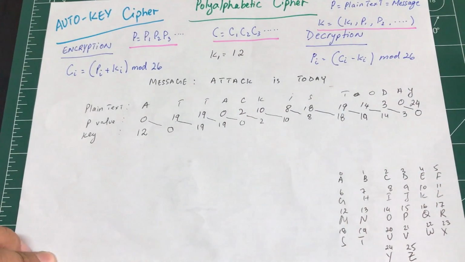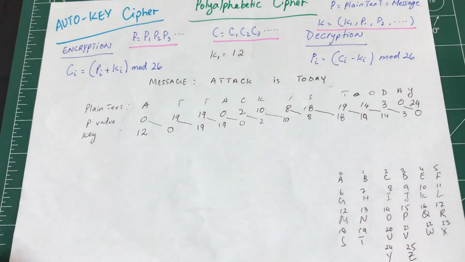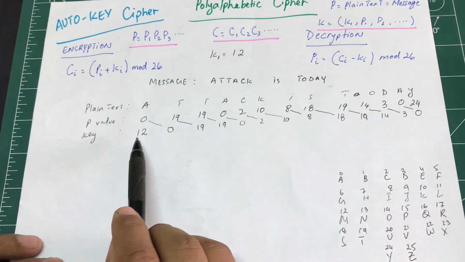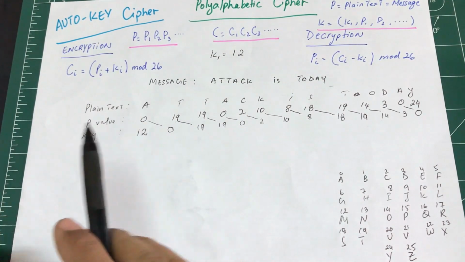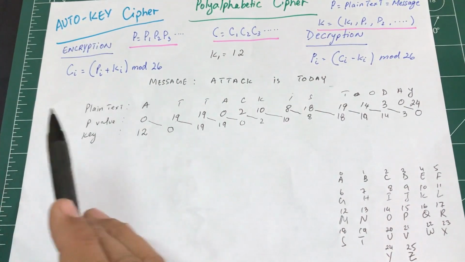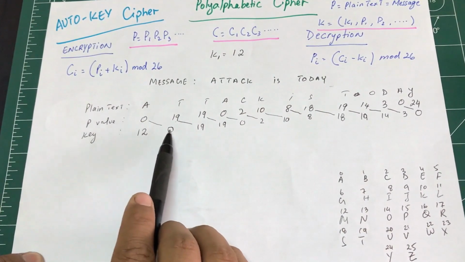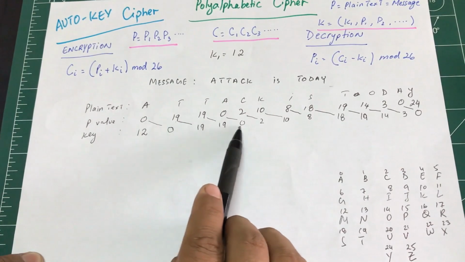This is how the key values are going to be. Our first initial key, shared between my transmitter and the receiver, is 12, but the following keys for every single letter are going to be the plain text value of the previous letter. So this was P1, so this becomes the key for the next letter, and so on.